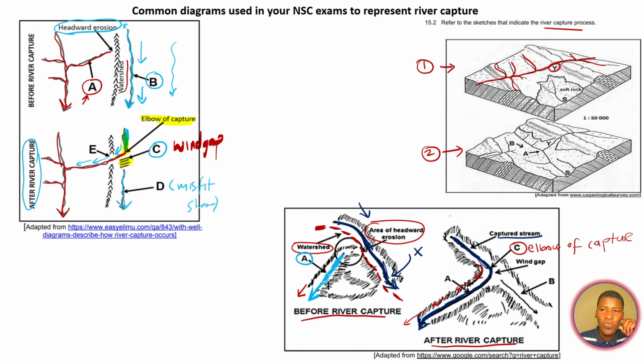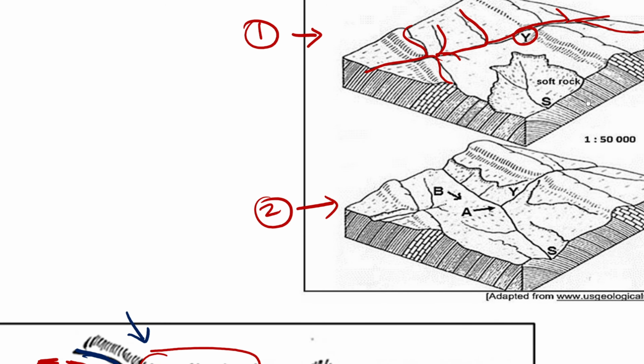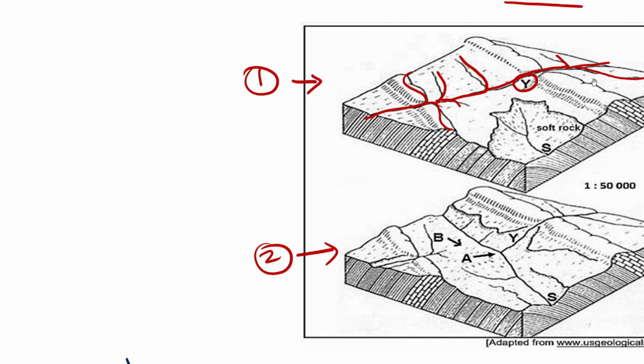You need to look carefully when it comes to this. So if we zoom into this image, you can see that this is stream Y. It has got its tributaries joining and joining and joining. We can see that stream Y is flowing towards that direction, it is coming out towards that direction.